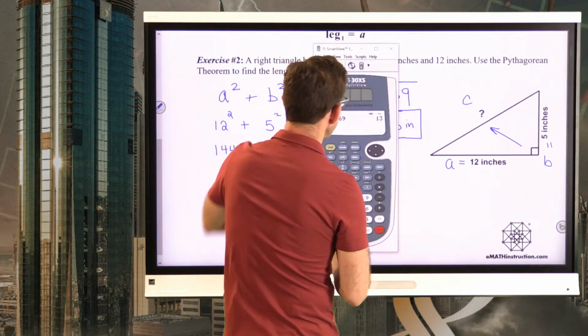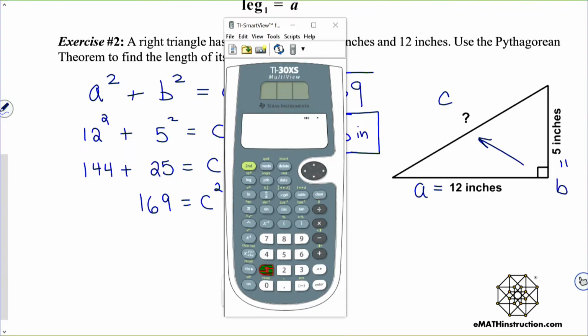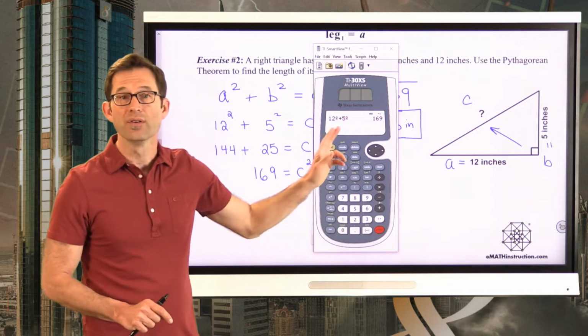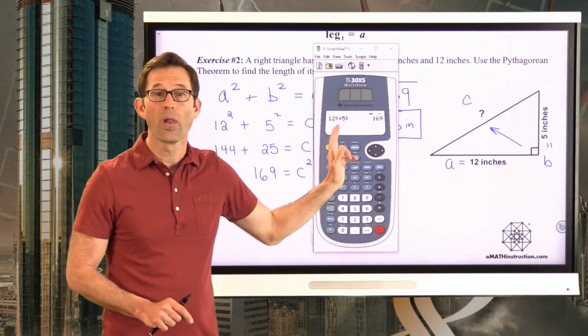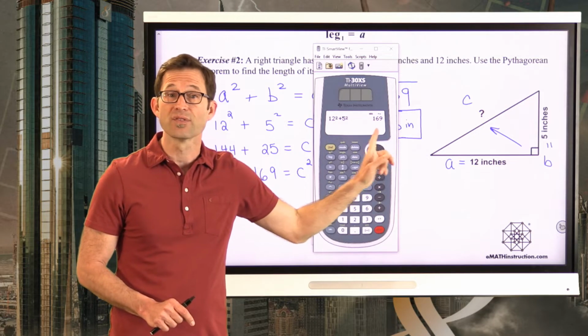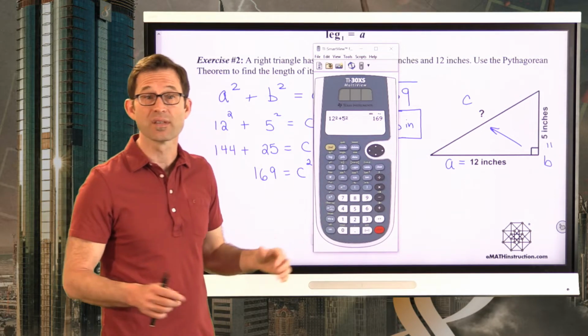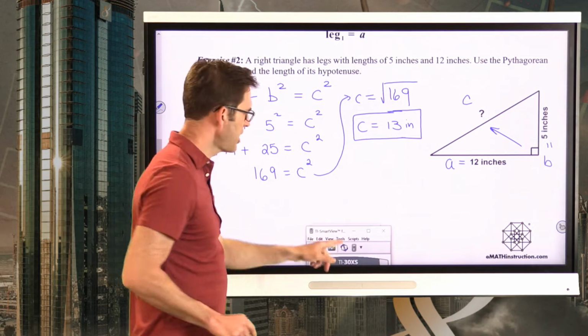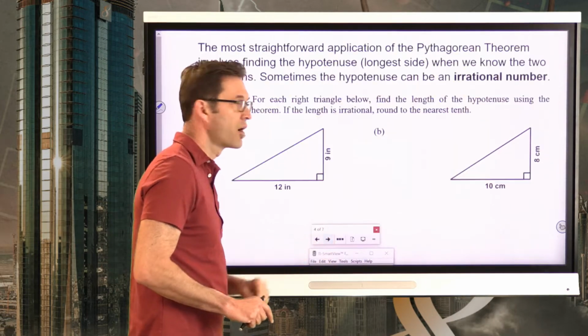You could take this and just do 12 squared plus 5 squared, and you can get your 169 that way. So you could do the a squared plus b squared all at once on your calculator to figure out what c squared is, but then you have to take the square root of that number to get that missing hypotenuse. So let's do that a little bit more, all right?